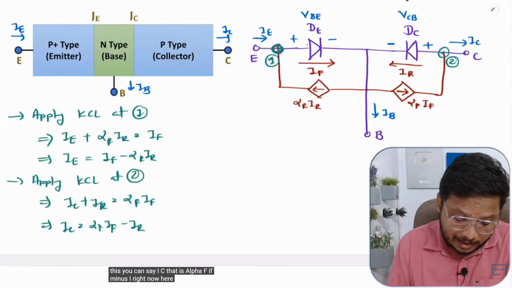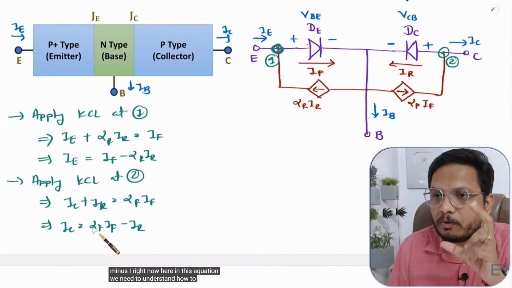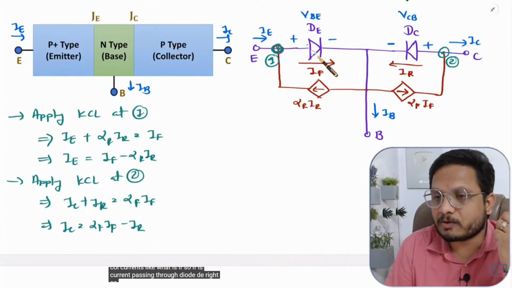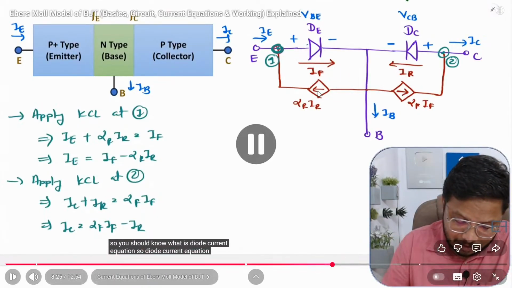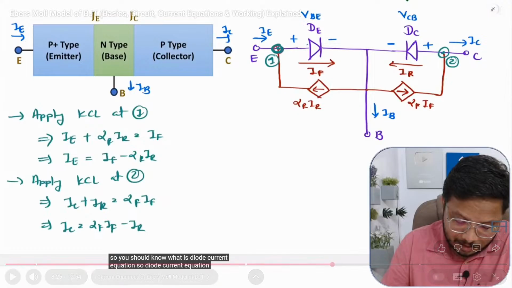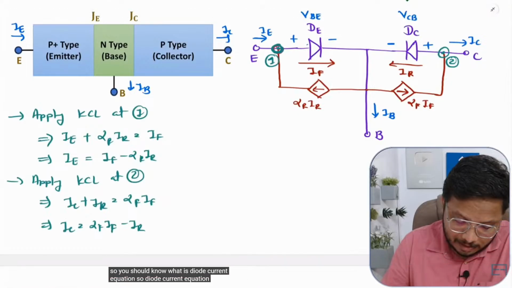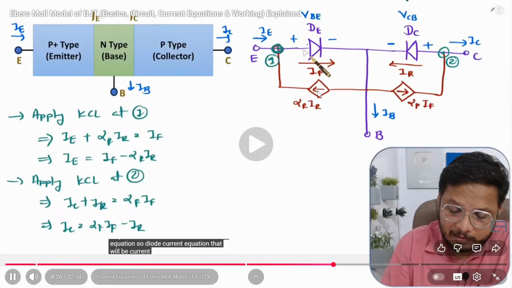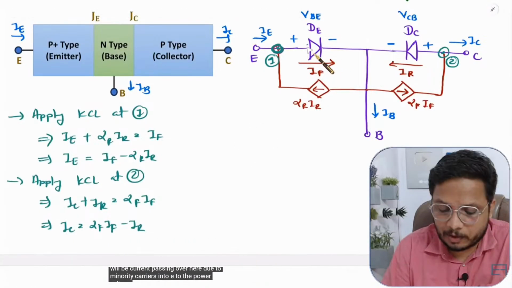Right. Now in these equations, we need to understand how to write these currents. Like, what is IF? IF is the current passing through diode DE, right? So you should know the diode current equation. The diode current equation will be the current due to minority carriers times e to the power of voltage applied divided by Vt, minus 1.